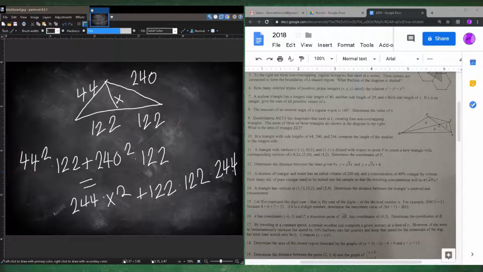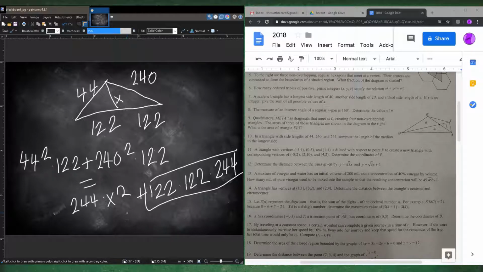So 44 squared times 122 plus 240 squared times 122. Okay, and then basically you have this subtracted by all of this. And then you just divide by the 244 and then square root it. And then you basically get the area.